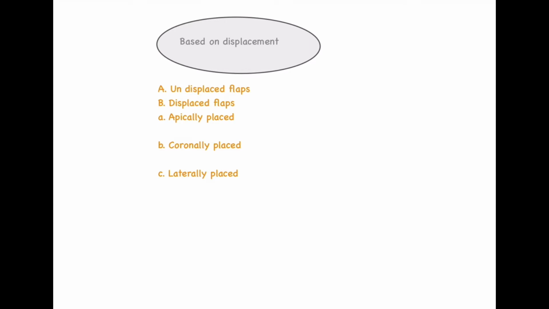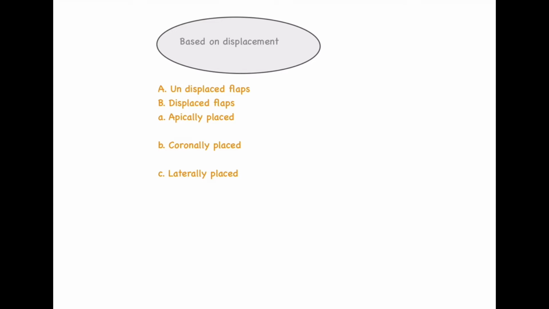Based upon that, now we can again classify the displaced flap as either apically placed or coronally placed or laterally placed. So apically placed basically means that after reflection of the flap, we are placing it apically, meaning away from the crown or the coronal portion of the root. Hence it is called apically placed flap.